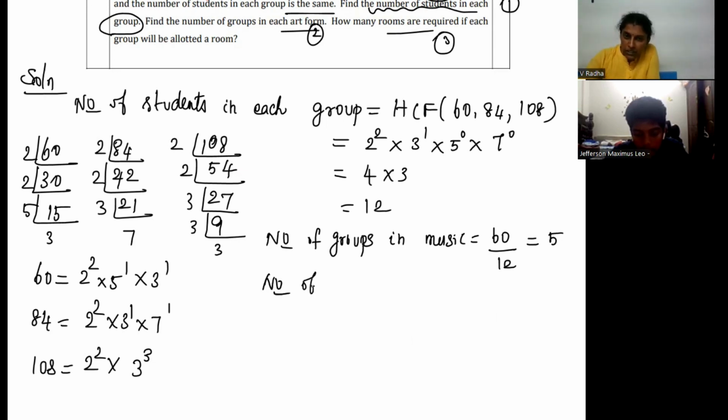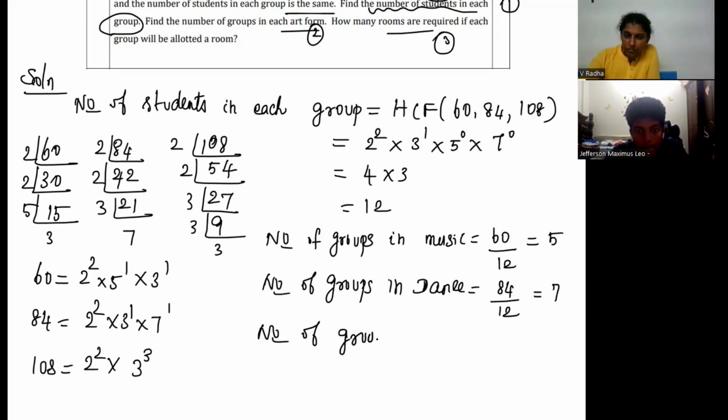Then the next one is dance: 84 by 12, it is 7 groups. And the number of groups in the next one, handicrafts?